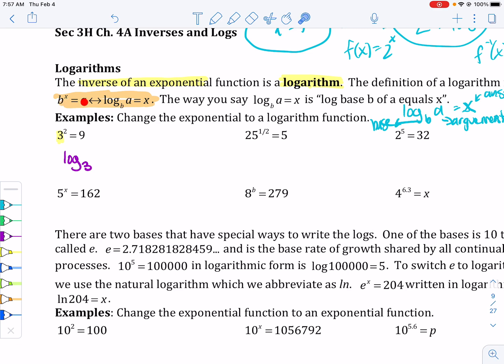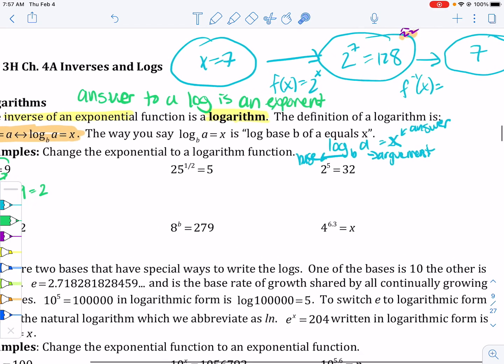We hopped across the equals sign and then hopped back. So log base 3, hop over, of 9, hop back to the exponent equals 2. Okay. So your answer to a log is an exponent.